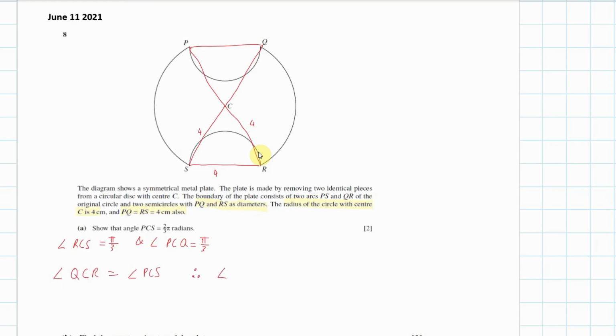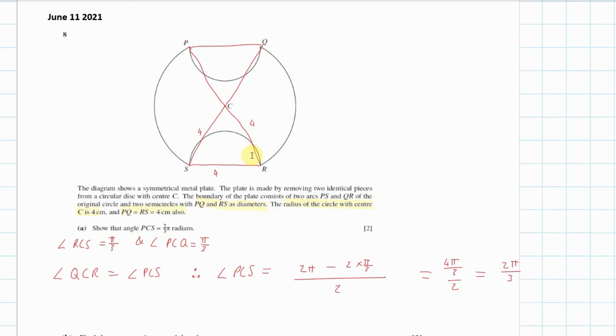Therefore, angle PCS equals, now, angles in a circle is 2 pi, subtract 2 lots of pi over 3, and we're going to divide that by 2 because those two angles are equal. Now that gives us 4 pi over 3 over 2, which is 2 pi over 3. Oh, so that was quite easy, really.